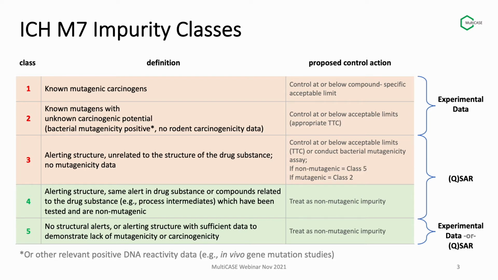Class 3 is a positive result as a result of QSAR application, and class 4 is a negative result as a result of the QSAR application. But the last class, class 5, can be based on the experimental data as well as QSAR. So with that in mind, let's go on.